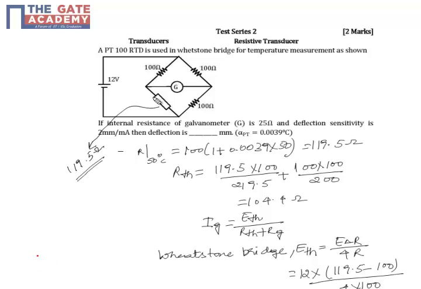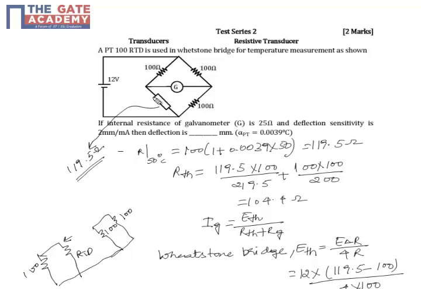We have 100 ohms and the RTD resistance, and 100 ohms here and 100 ohms here. All are 100 ohms as you can see.